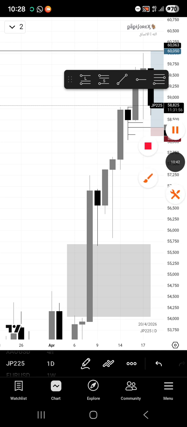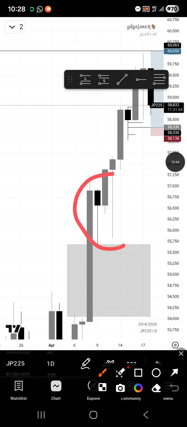Now this type of candle is a respecting candle. You understand? That's what I was trying to draw out. So this kind of candle is a respecting candle. You understand? That means if you go to a lower time frame to check, you will see that price has reacted on a fair value gap in a lower time frame to continue higher.